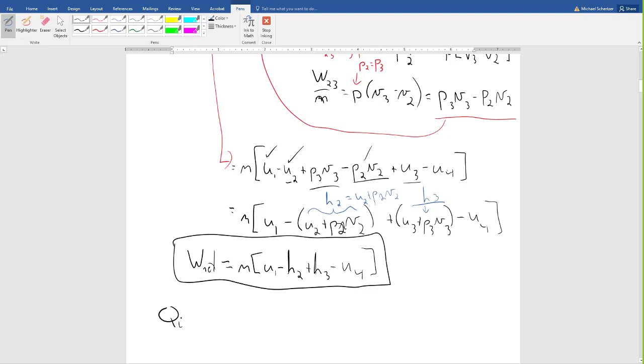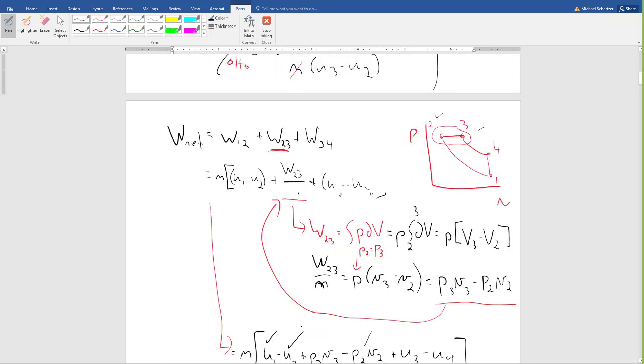How do I find heat in for diesel? Again, I'm going to use the first law. I've already assumed here that delta KE is approximately equal to 0, which is approximately equal to delta PE. So my first law is going to be the mass times, when I'm adding heat, going here from state 2 to state 3, there's heat coming in here.